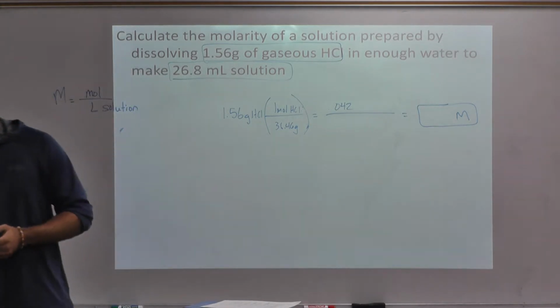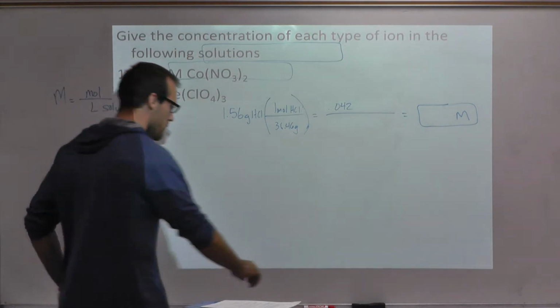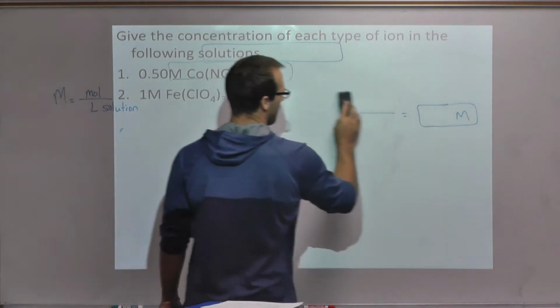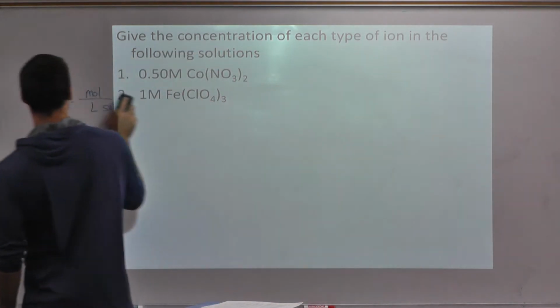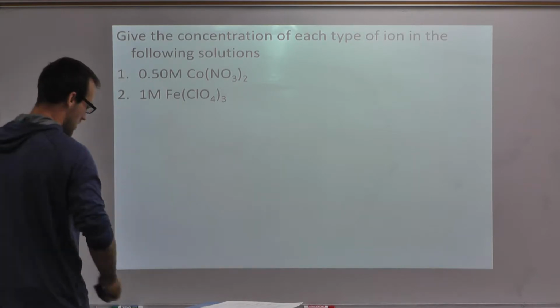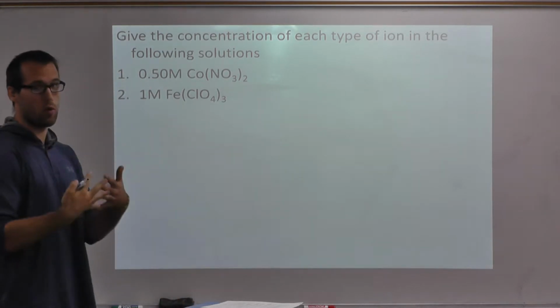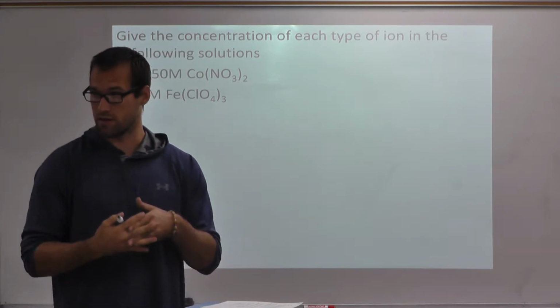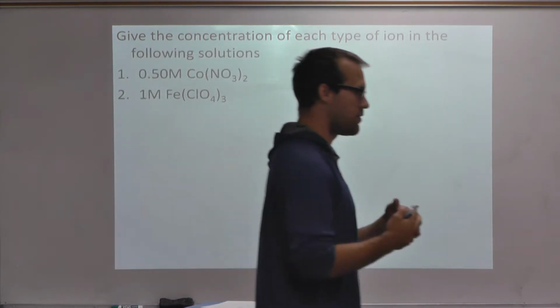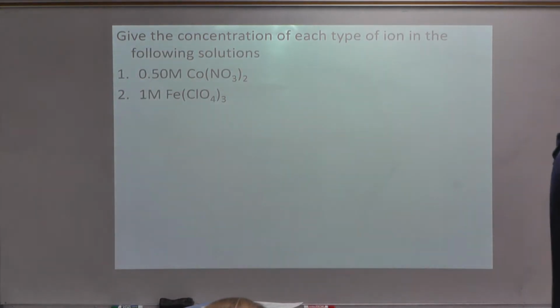Next one. Very important here. This is vital for us to be successful later. More than just figuring out molarity of something, is knowing how to relate molarity of the whole thing combined to molarity of the individual particles. It's the whole idea of pieces versus whole, right?